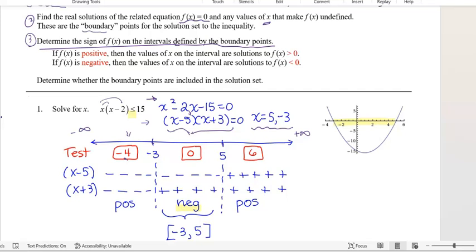For 0, it gave me a negative number. For 6, it will also be positive.